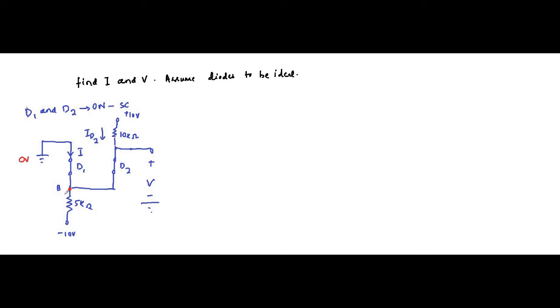Ground means 0 volt, so VB will be 0 volt. So ID2, in between this 10 volt and this point VB at 0 volt, will be (10 minus 0) volt divided by 10 kilo ohm. The resistance in between them is 10 kilo ohm. So it will be simply 1 milliampere for ID2.